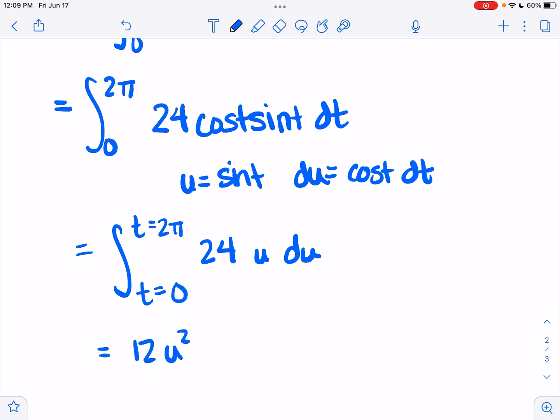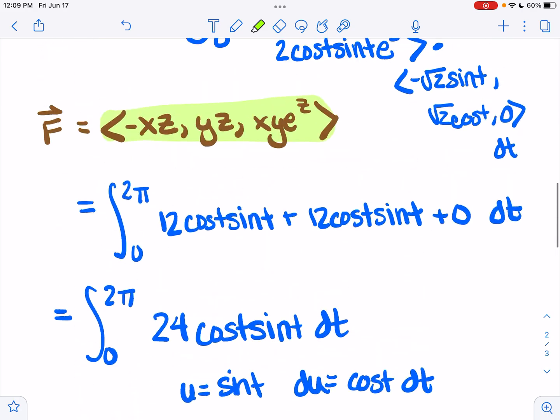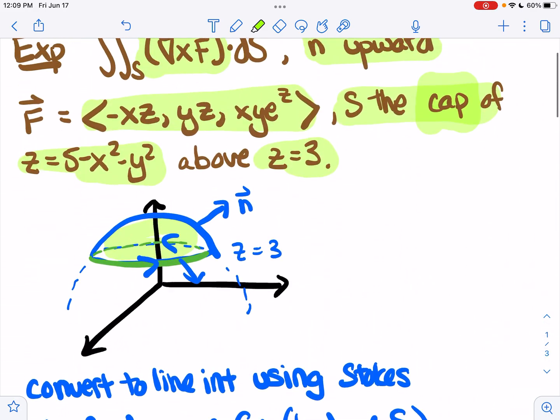The 2 canceled in the 24 to give us the 12, which is 12 sine squared of t from t equals 0 to 2 pi. Sine of 2 pi is 0, sine of 0 is 0. This all integrates to 0. You'll be surprised how many of my math lab problems have 0 as an answer.